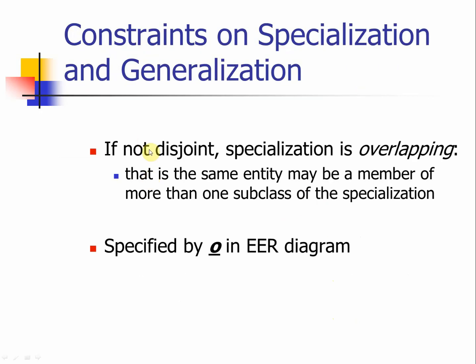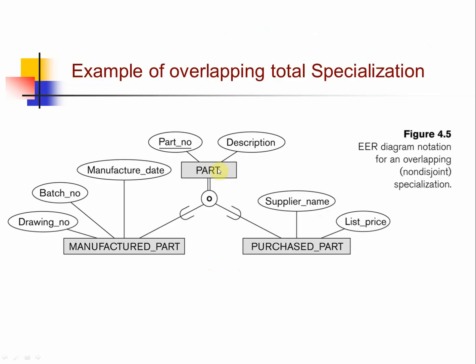If it is not disjoint, it means that you have multiple choices, which we specify as overlapping. That is, the same entity may be a member of more than one subclass of the specialization. In that case, we put an O in the small circle. And therefore, you can see that this is the part used in the factory.